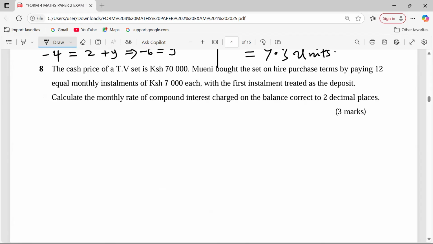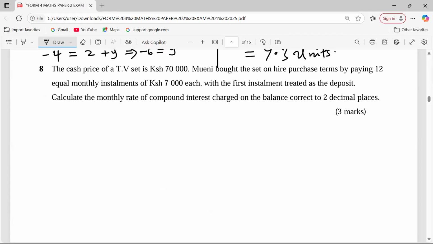Something that we're supposed to understand is that when items are bought on hire purchase terms, the balance is usually treated as the principal, then the total installments that will be paid are treated as the amount paid. In other words, interest is charged on the balance.